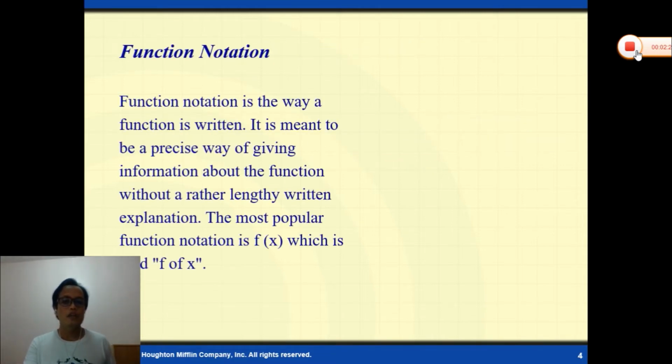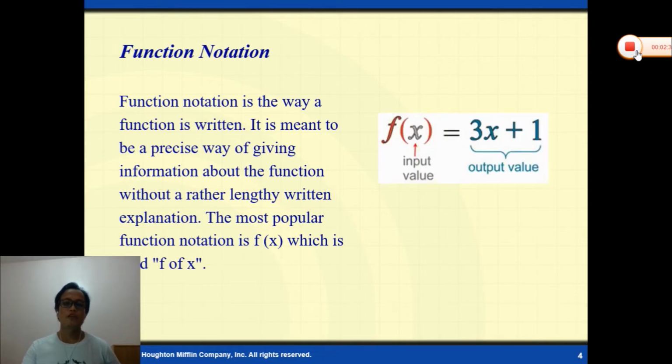The most common function notation is the notation f of x, to be read as f of x. Here we have the input value, which is x, or the domain, and the output value is for the range. The notation f of x is always equal to y, which is the range.